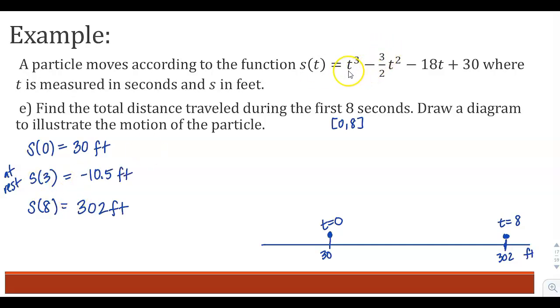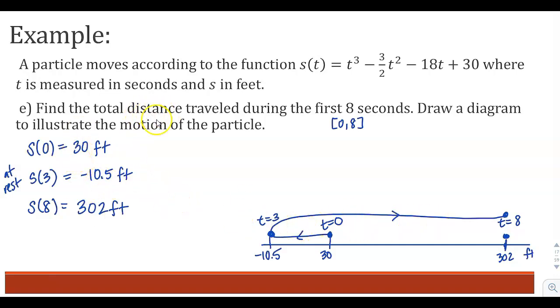That's substituting 3 into each of these t's. So at time 0, I'm at 30 feet, and then at time 3, I'm over here at negative 10.5. So I travel to the left. At t equals 3 seconds, I'm stopped before I turn around and head to where I'm at time 8, at 302 feet.